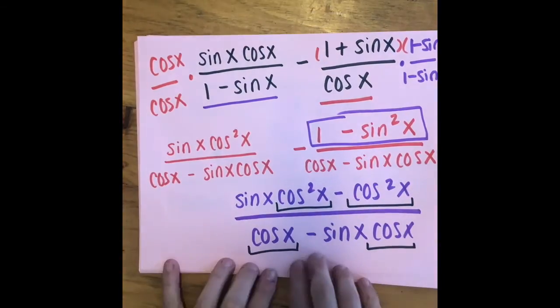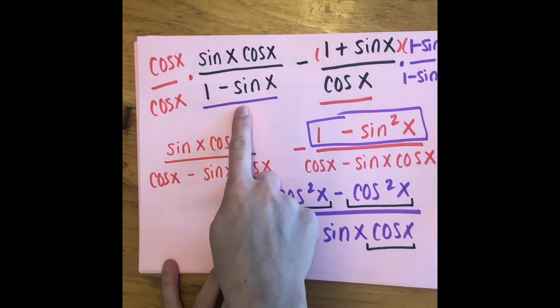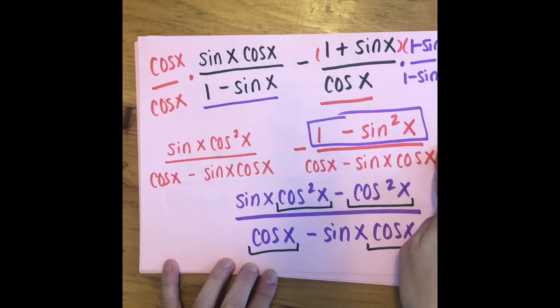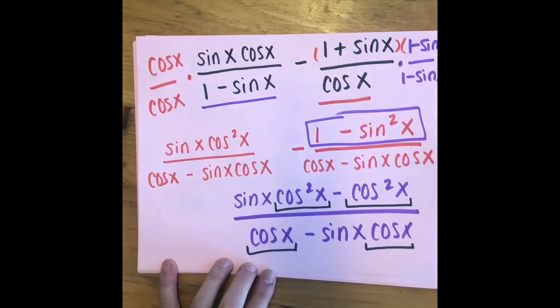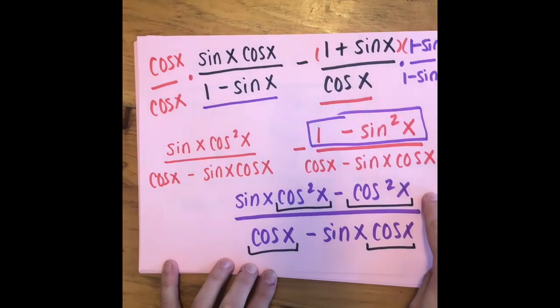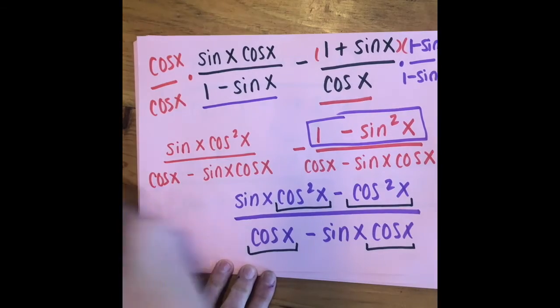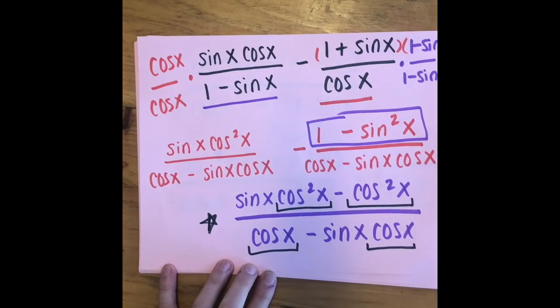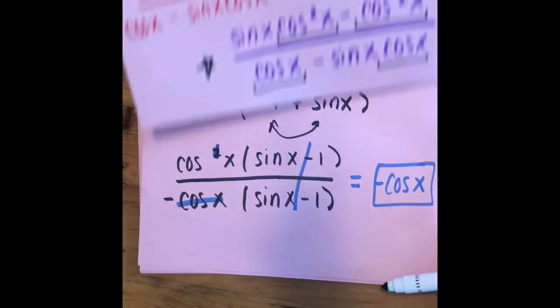So what did we do? Let's go back. We first got common denominators by multiplying by the opposites. We multiplied here. Recognize that 1 minus sine squared x is really cosine squared x. And it gave us this. Once you're here, you see a bunch of functions and you're like, let me factor out what's alike on the numerator and factor out what's alike on the denominator.